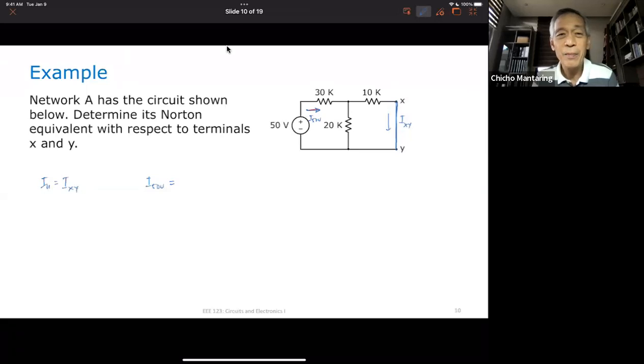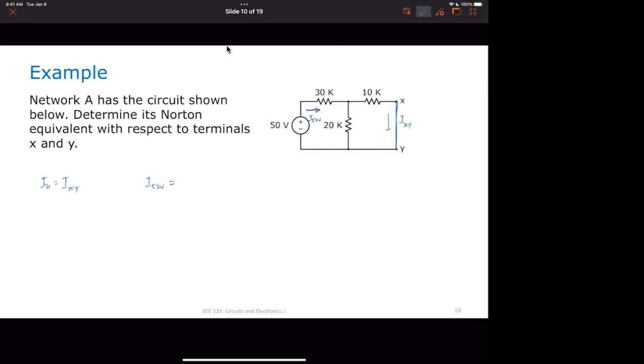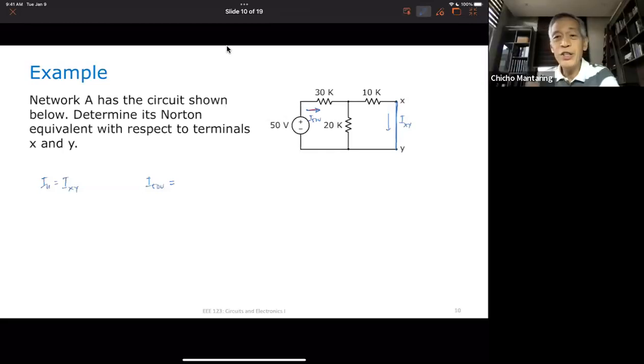Okay, I have an answer from Adam. Adam, how did you solve it? Paano mo sinolve? Sir, 50 volts over 30 kilo ohms. Magiging 1.67. Well, yun din yung sabi ni Renz kanina, 50 over 30.